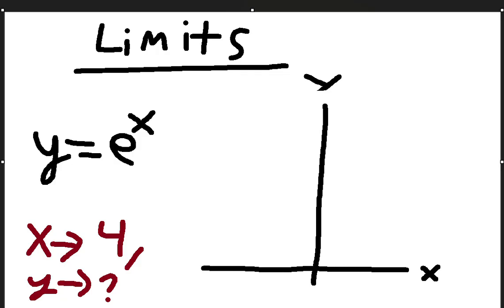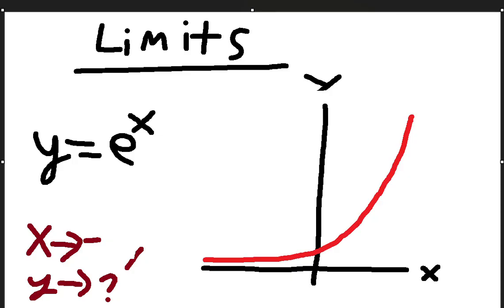If this is the x graph, the e to the x function will look a little bit like that. And let's say we're not interested in what happens when x is equal to 4. Let's say we're interested to see what happens when x is equal to negative 1 million. No, not 1 million. Negative infinity.